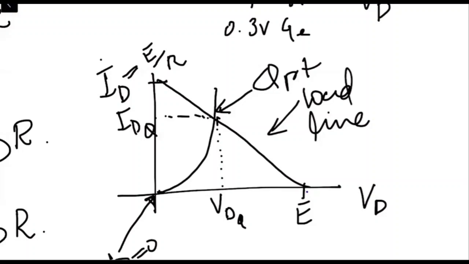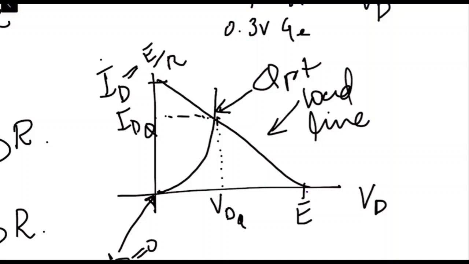With this, there are a few examples also given in the book: example 2.1, example 2.2, example 2.3. They give you the idea of how the point of operation depends upon the network values, as well as on whether you use the diode as an ideal diode or as the equivalent diode model.